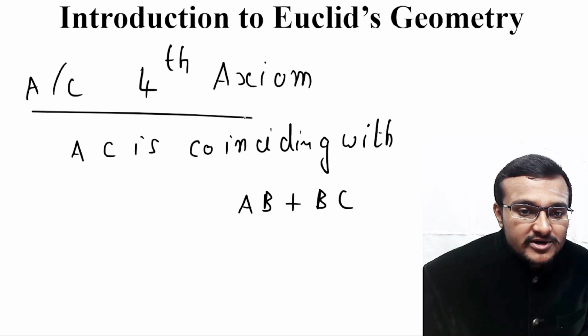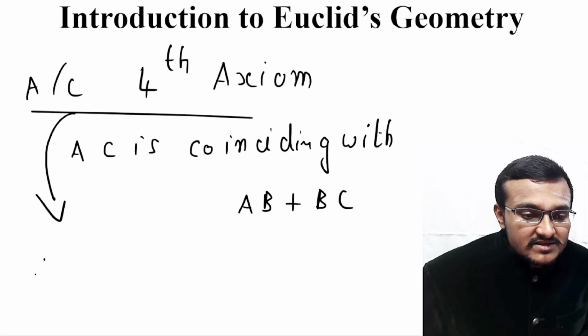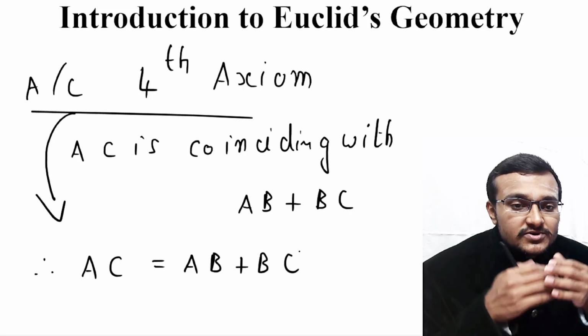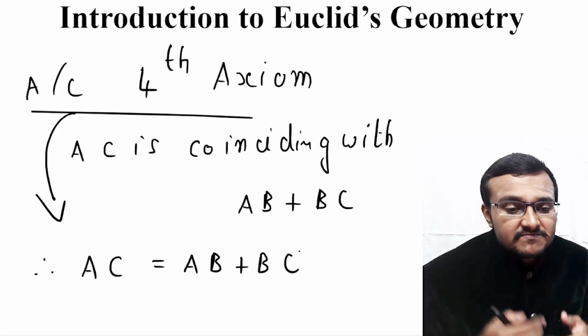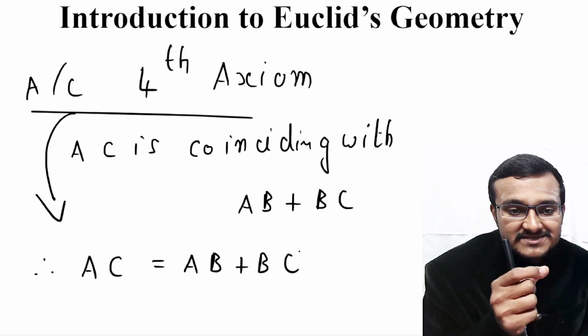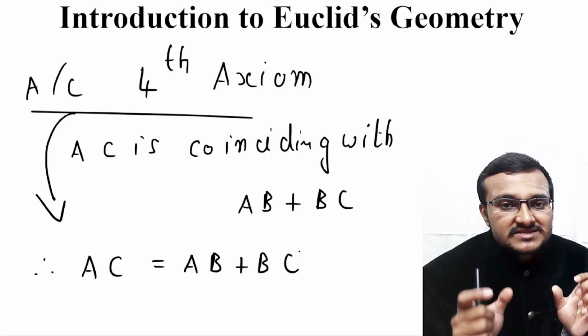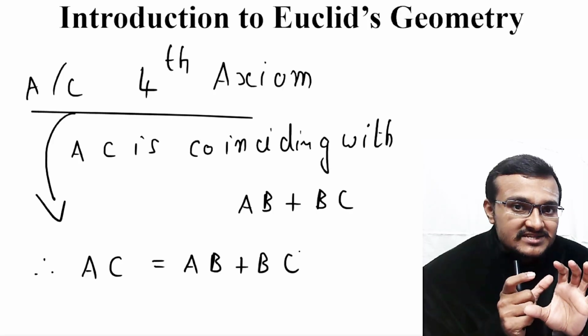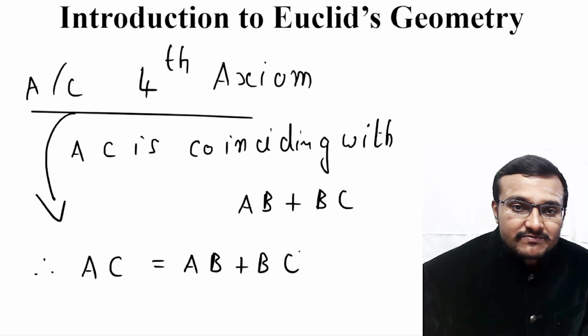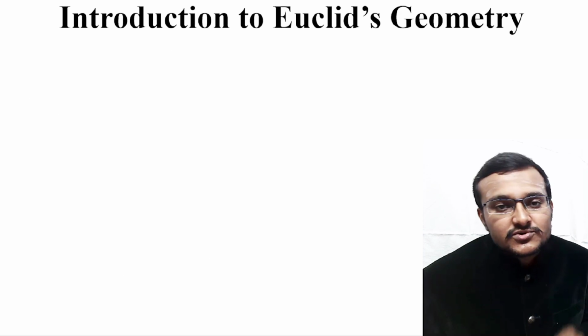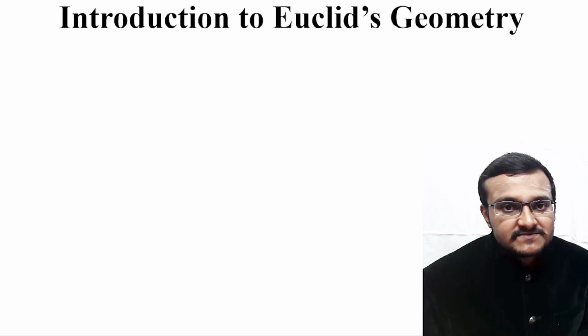Therefore, according to the fourth axiom, AC is equal to AB plus BC. Because AB plus BC and AC both coincide with each other, AC will be equal to AB plus BC. So this is how you have to prove using Euclid's axioms.